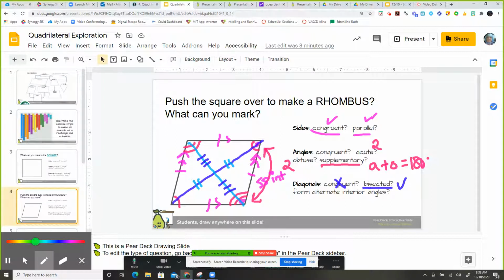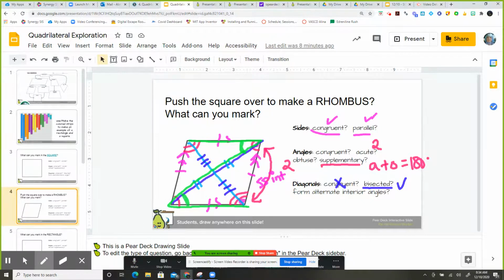These original interior angles were supplementary because they were same side. But if you follow the top of the rhombus, the diagonal of the rhombus, and then the bottom of the rhombus, the other parallel line, what letter does that form?